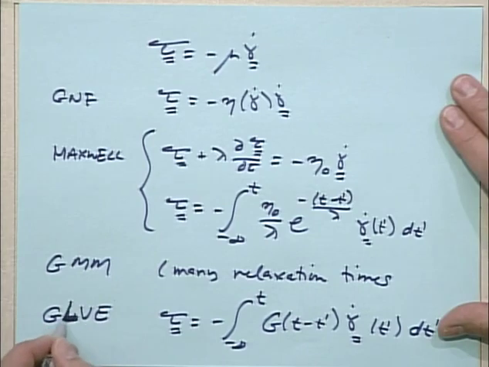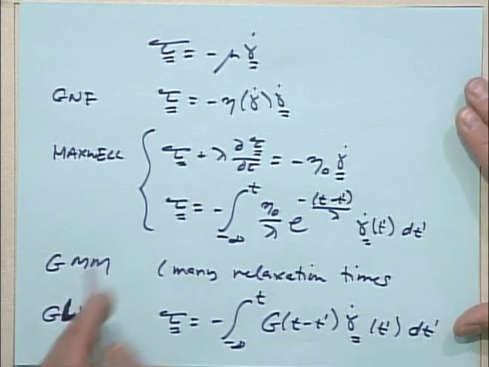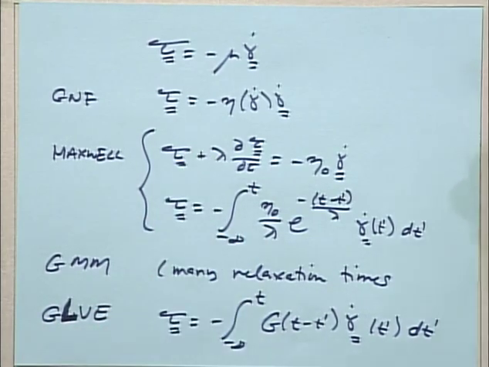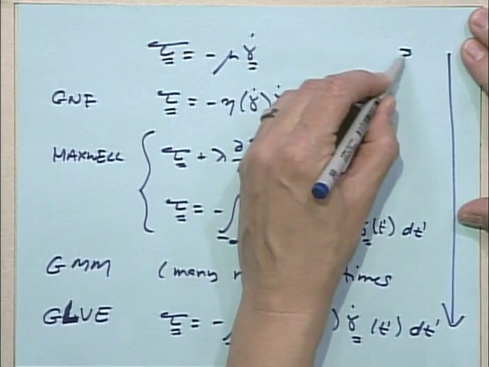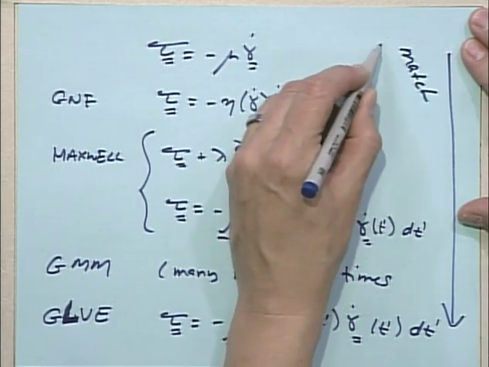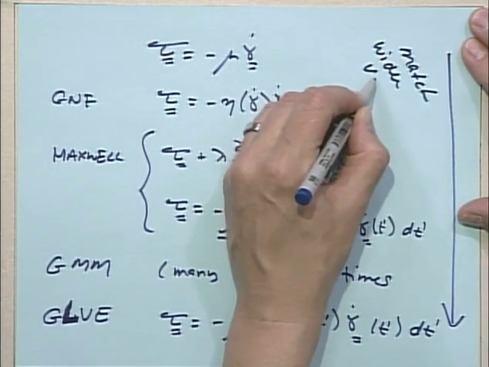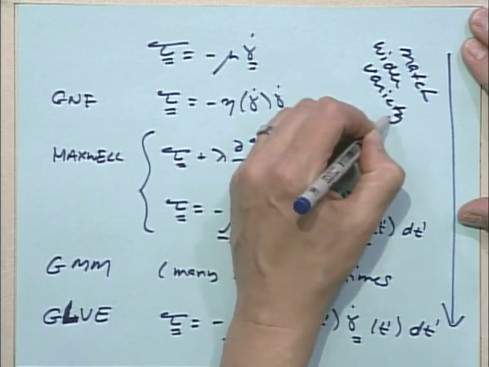So these models have been what we've been discussing, and all along we've been trying to match more variety of rheological behavior. Okay, so as we go up in increasing complexity, we can match a wider variety of behavior.